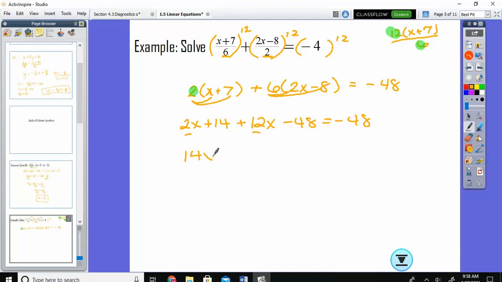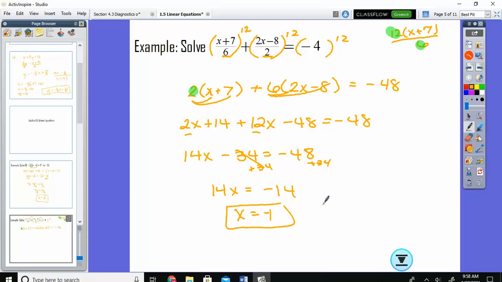Add like terms, so we have 14x minus 34 and x is -4. We don't have to get nice answers.